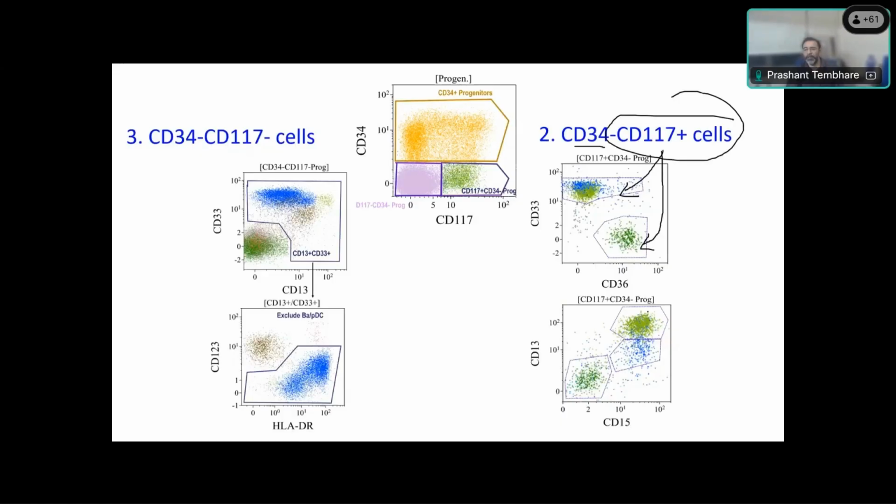The same way, the pro-normoblast will be CD13 positive and CD15 positive, and the erythroid cell will be CD13 and CD15 both negative. You also look at the dendritic cell by using CD123 positive cells, and basophils using CD123 and HLA-DR. So cells which are CD123 positive and HLA-DR negative are basophils, and which are bright CD123 positive, HLA-DR bright are dendritic cells. Using this combination, you can look at this population.